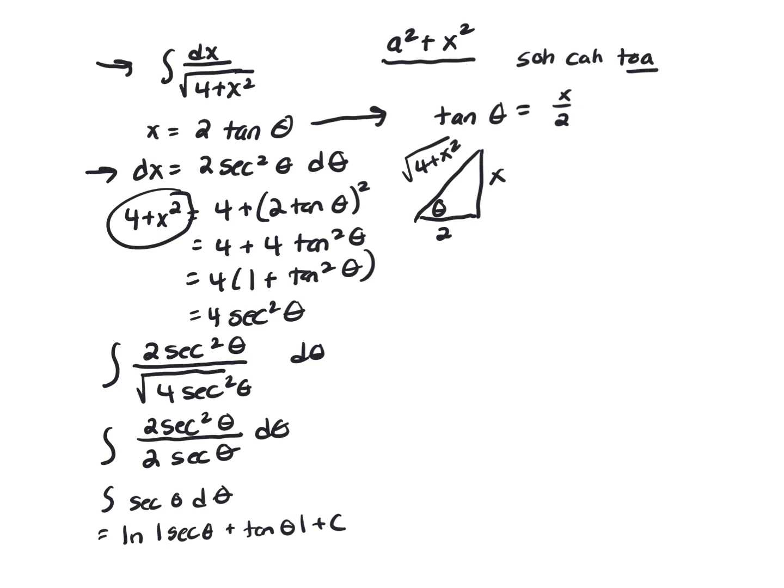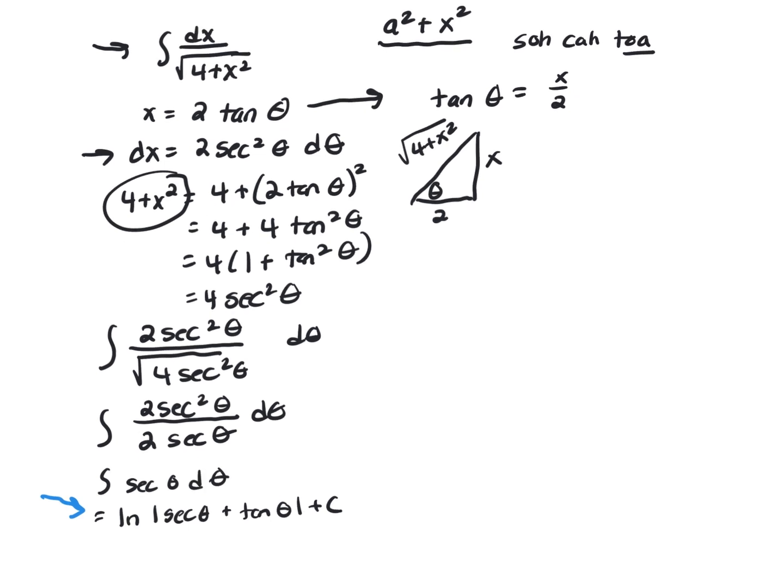So using that triangle, let's change this last line, the ln line, change those thetas to x's. That will be ln absolute value secant theta. Okay, look at your triangle.